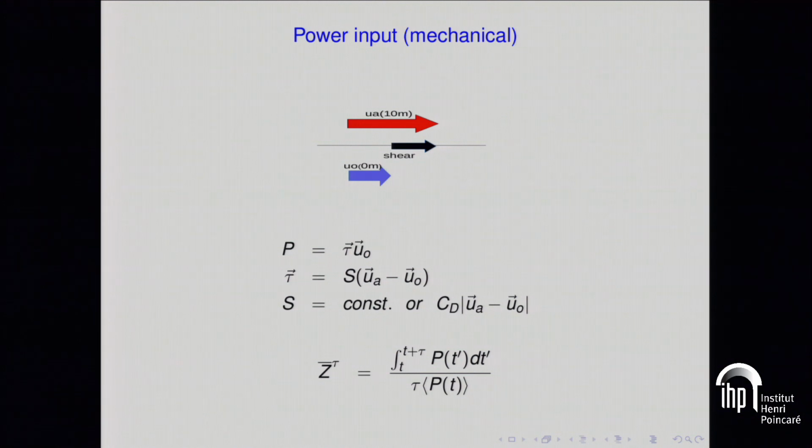What I'm going to look at now is this power injected into the ocean averaged over different times, and then divided by the average power, where the average is taken over all the data which I have.